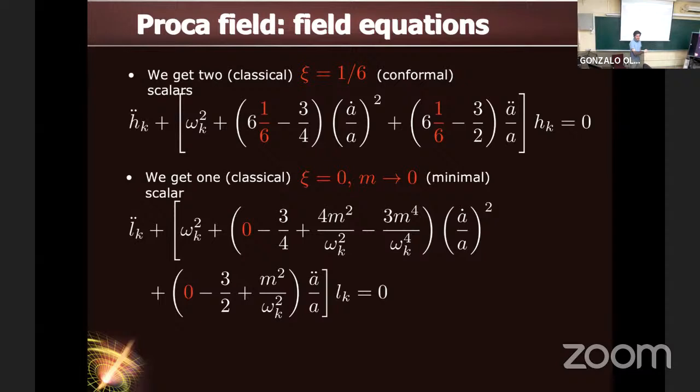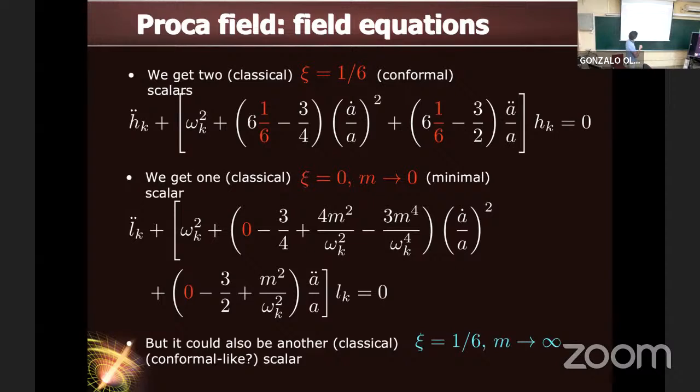So we are expecting, at least classically, that these two transverse polarizations behave as two conformal scalar fields. And for the longitudinal one, we get a more involved equation, but if you take the massless limit, it behaves as a minimally coupled scalar field. So we have this in mind and see if we are able to replicate, or better said, to keep this behavior in the quantum regime.